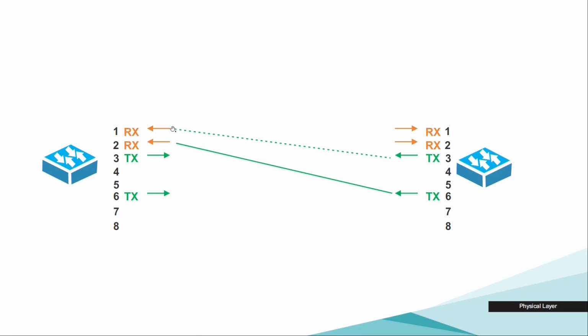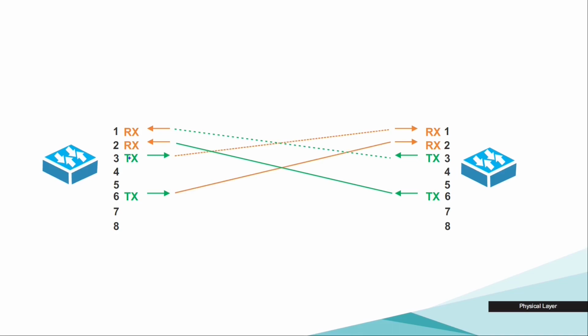So let's see what will happen when we connect the crossover between switch and switch. As you can see in our example, we connected 3 to 1, 6 to 2. This switch is transmitting data on 3 and 6. This switch is receiving data on 1 and 2. Let's continue with that connection.